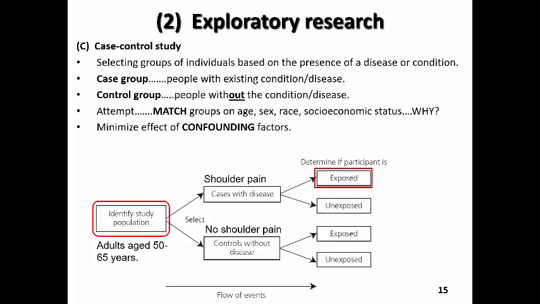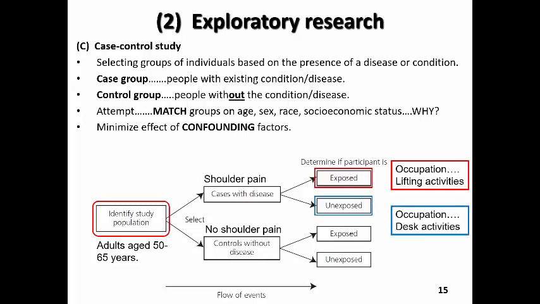Once again, here I use the word cause, but this is not a cause and effect establishment in this study. One factor that might account for shoulder pain is the occupation. One of the exposed or risk factors here are those that work in jobs that involve a significant amount of physical activity, which include lifting activities. That might be contrasted with the unexposed, where those individuals are working jobs at a desk, for example, that do not involve lifting activities.